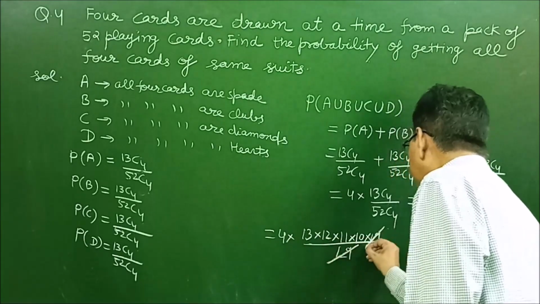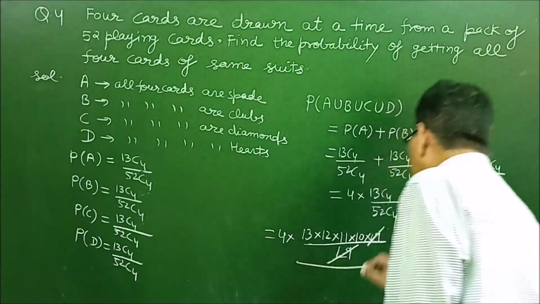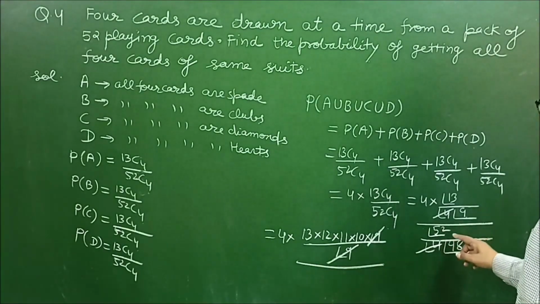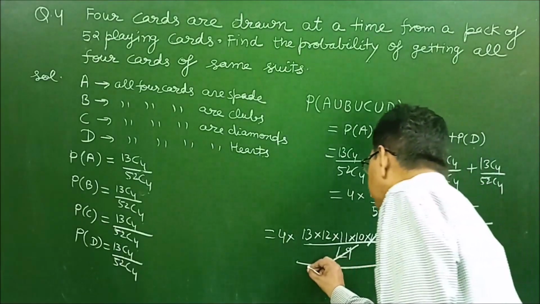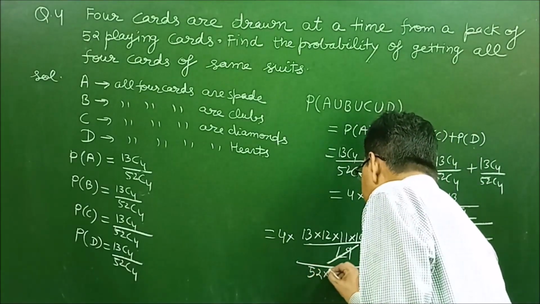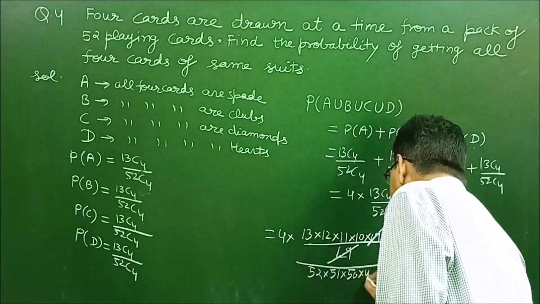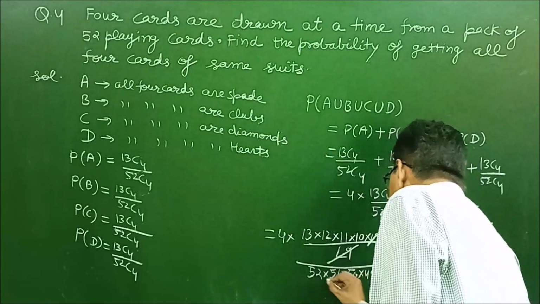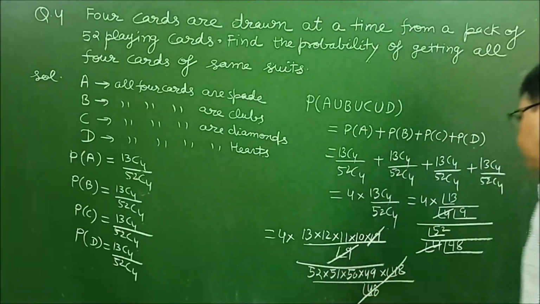This factorial 9 and factorial 9 is cancelled here. In the denominator we have factorial 52. If we reduce it by 1, we go on reducing by 1 till we get 48. So 52, 51, 50, 49, then 48 upon factorial 48. Factorial 48 and factorial 48 is cancelled.